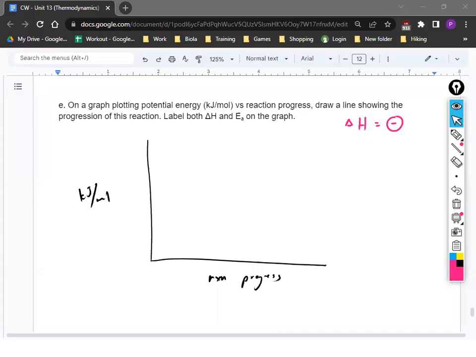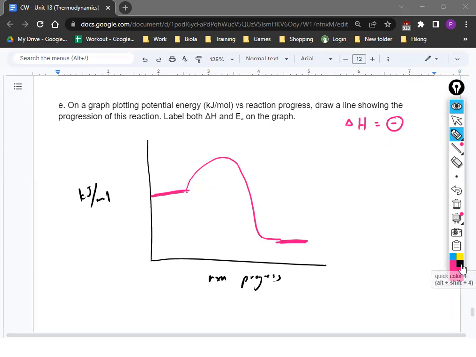Okay, so enthalpy is negative, so is this going to release or absorb energy? Release. What that means is you're going to have a higher starting point than an ending point. So that would be one of the key points on this problem. Okay, we know that there's an activation energy. Now, we don't know how high it is, but as long as you have a bump going up, you're fine. That's activation energy.